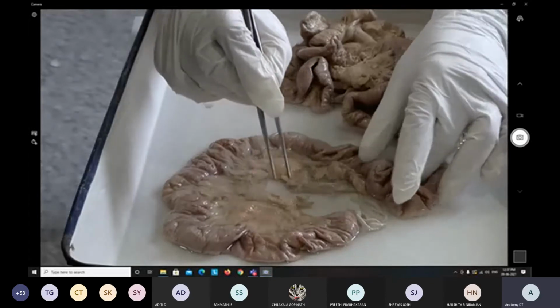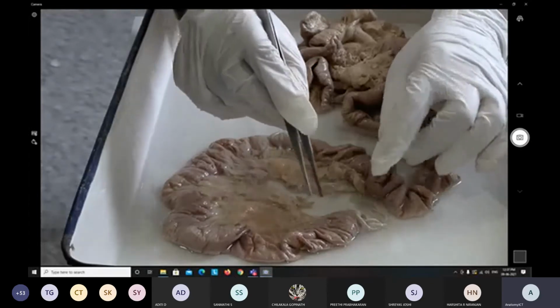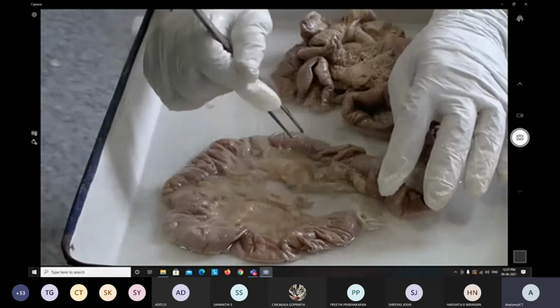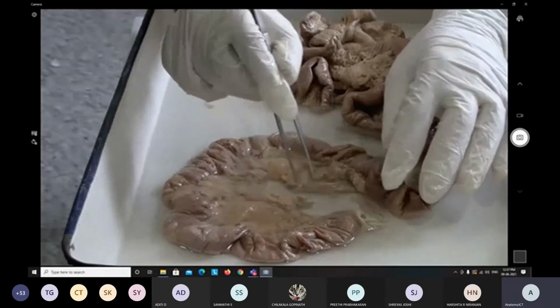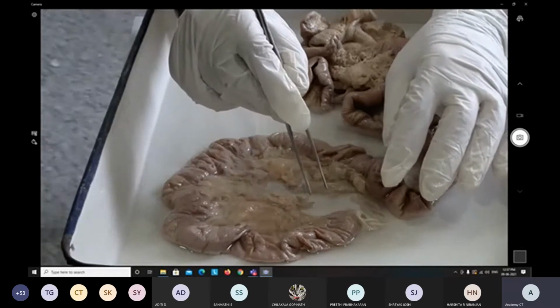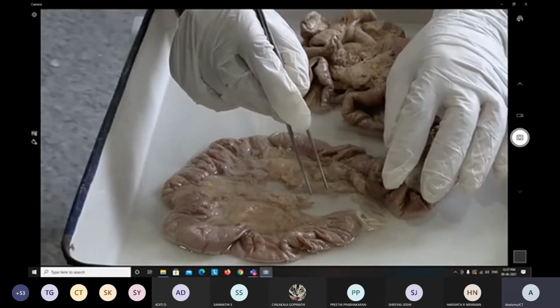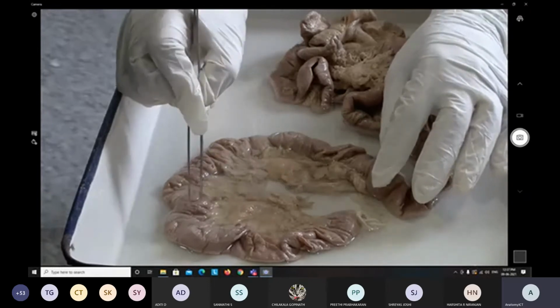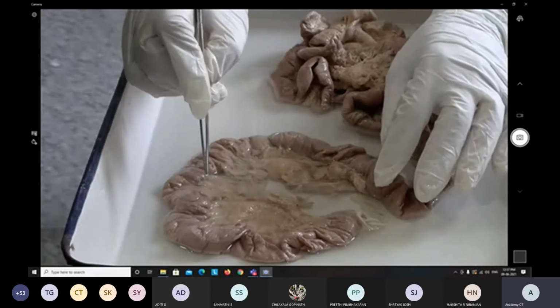Remember, this is very important. The right and left gastroduodenal arteries supply this part. One branch we call gastroduodenal, which is a branch of the common hepatic artery, ultimately from the celiac trunk, and another is a splenic artery branch.